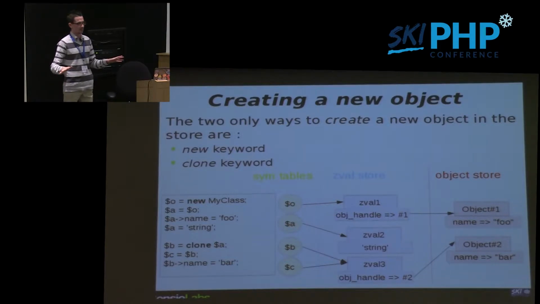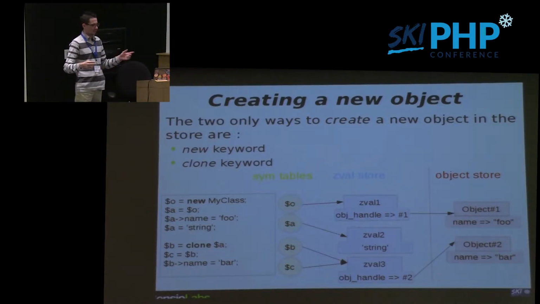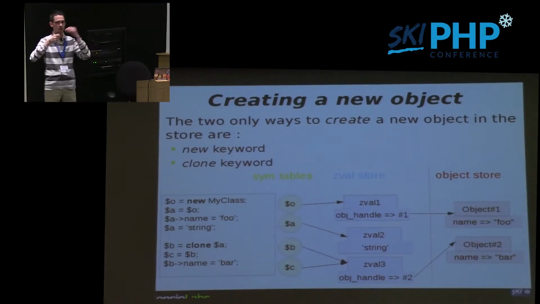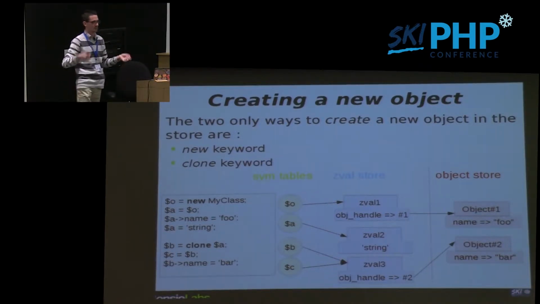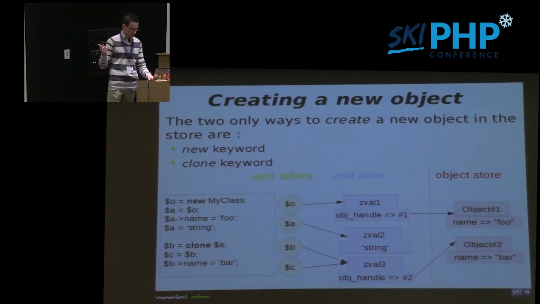That can be another way. So if you have $a equals new, this is one object, and clone, so there are two objects in memory. Whatever variables you pass anywhere to functions, references or not, I can count one new and one clone, so in memory there are two objects.